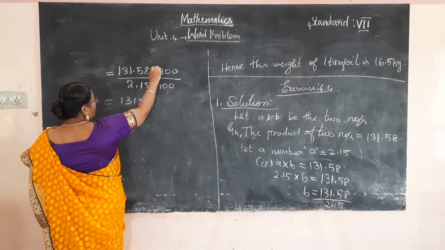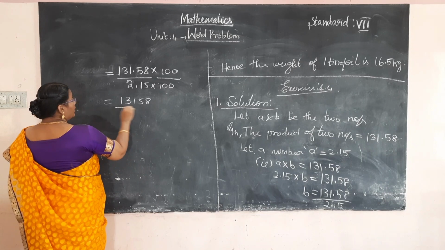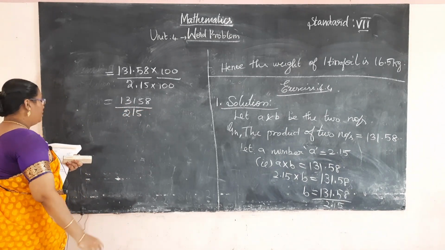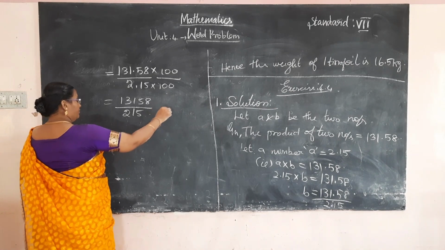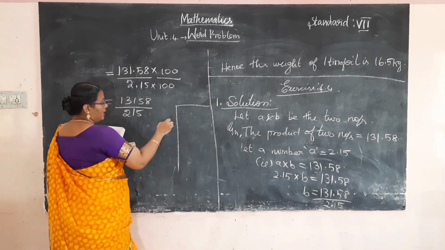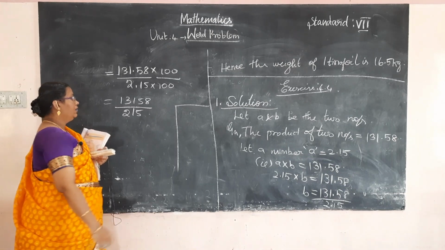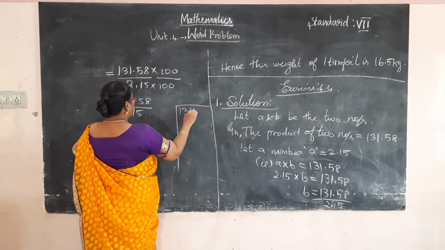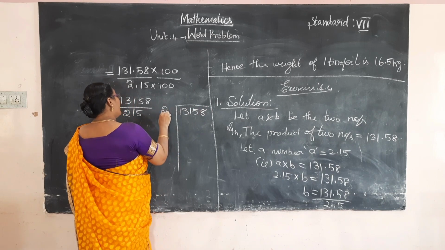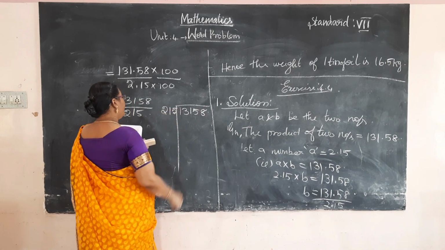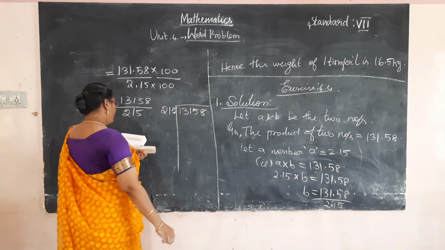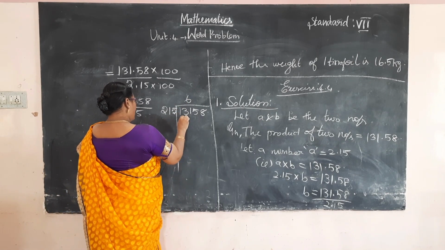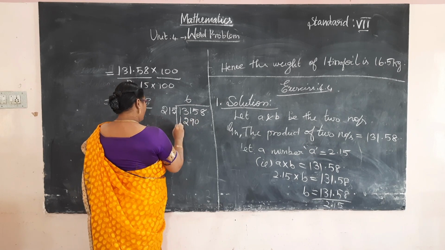So the decimal point moves forward. Next, calculate the value of the given fraction: 13,158 divided by 215. How many times is it possible? 6 times 215 is 1290.